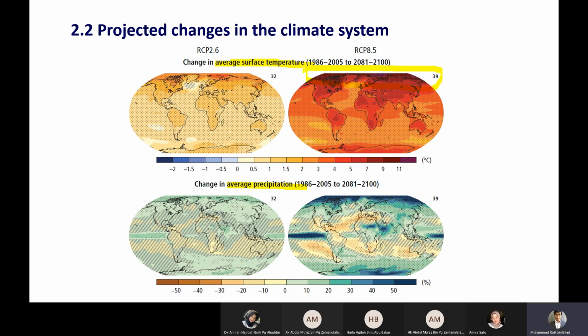It really depends on the scenario. For RCP 2.6, you will see around here, it's around 0.5 to 2 degrees Celsius increment.